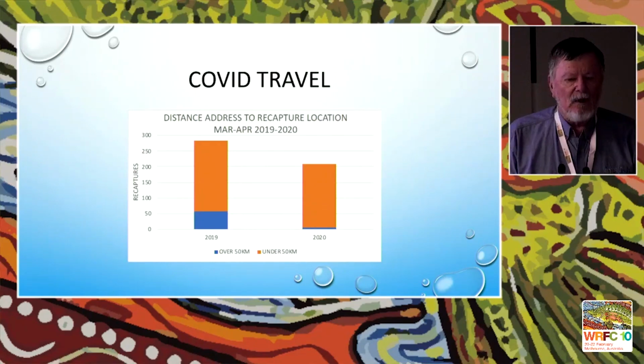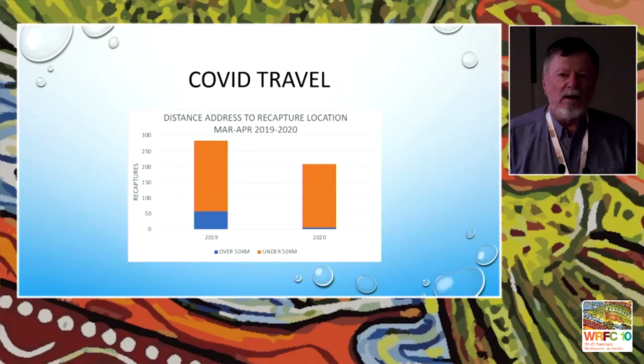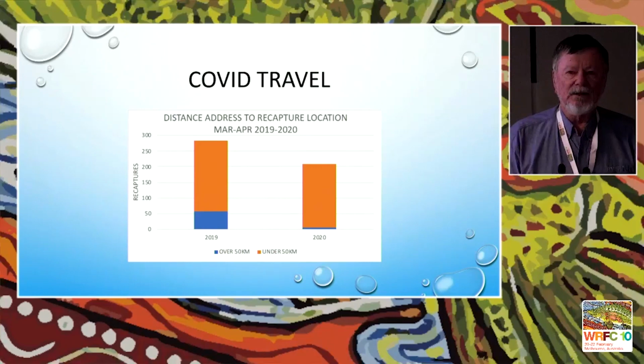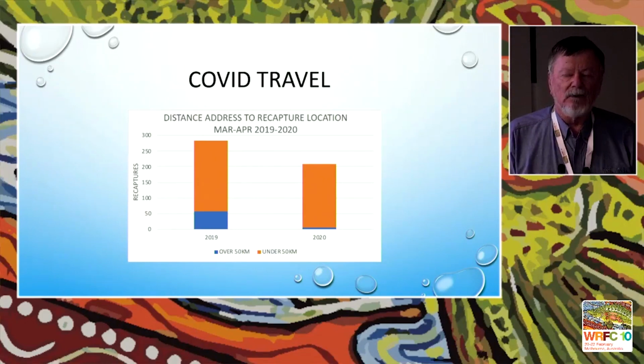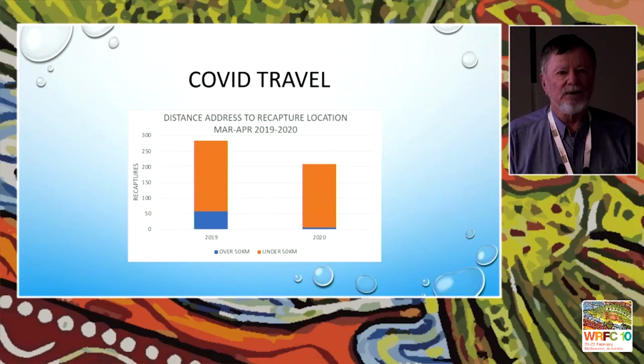Okay, so when COVID hit and we started looking at using the data to look at what the fishers were doing, one of the things that came into play was a travel limit. Restrictions of travel were placed on the whole community, not just fishers.